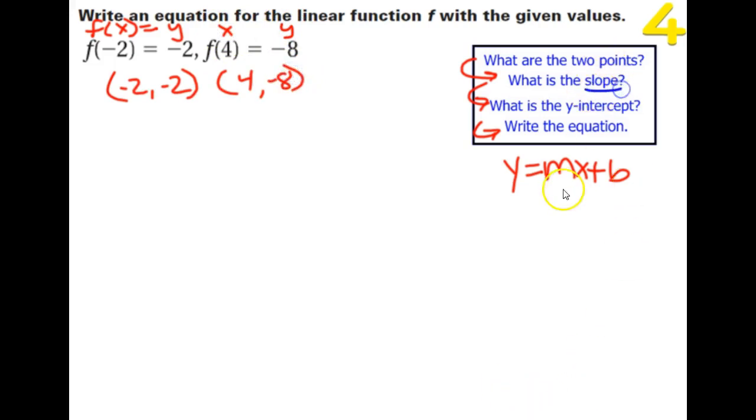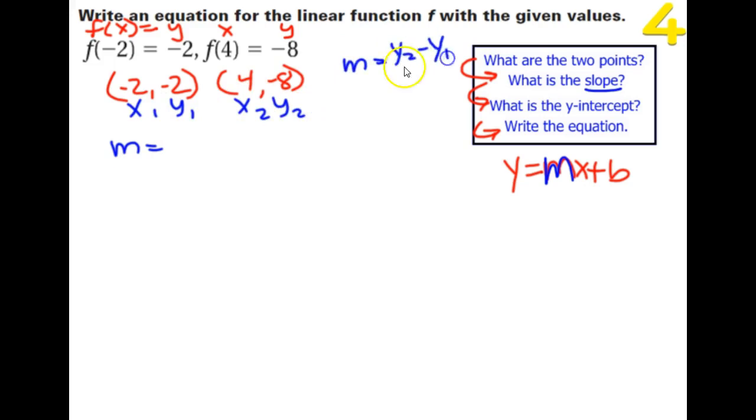So then it says, what's the slope? First we need to find our slope. So I'm going to label my points xy first point, xy second point, and plug them into our slope equation. So y2, which is -8, minus y1, which is -2, those two negatives make a positive, one negative from the equation and one from the y.